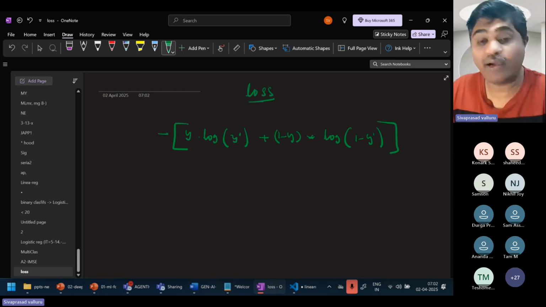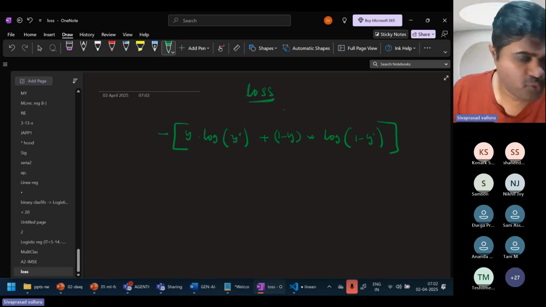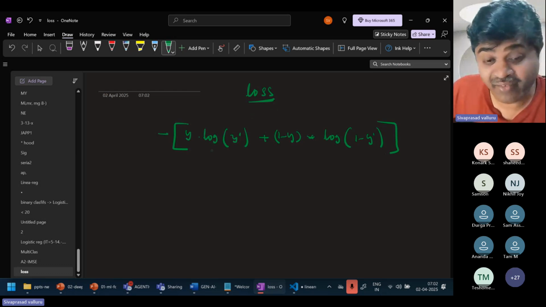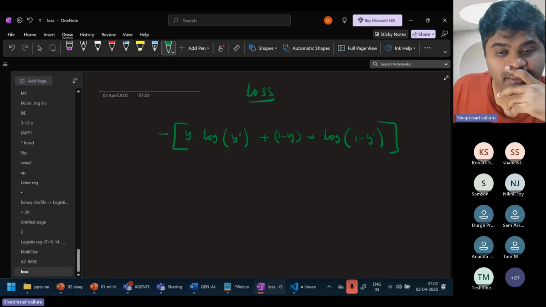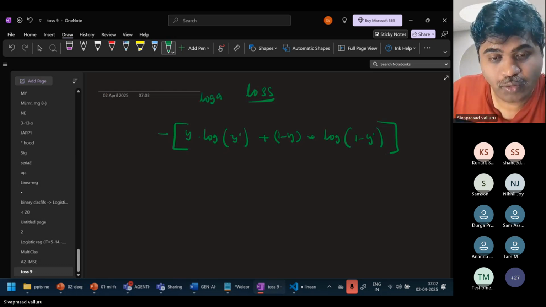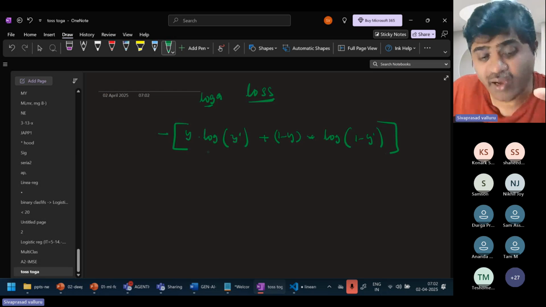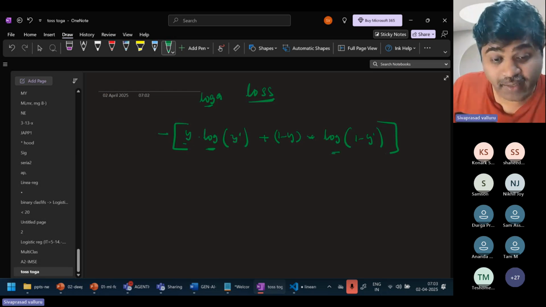This is the formula to calculate the loss. Okay, don't ask me why this formula. In machine learning, there's a very good logic why they have applied this formula to calculate the loss. Right? This is called as log loss. Log loss, a loss which is using logarithmic values. So what is Y?